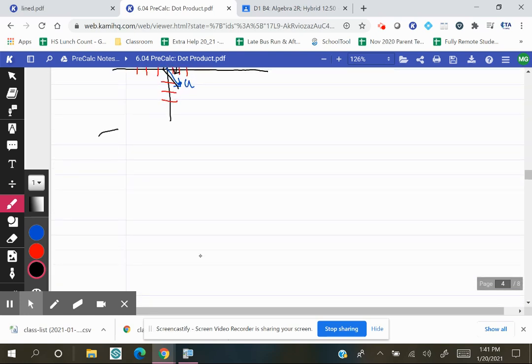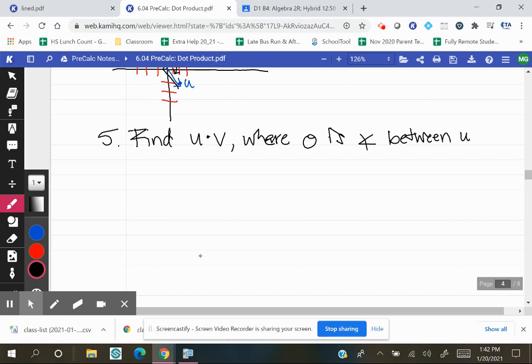All right, number 5. So a little bit different on this one. I want you to actually find the dot product, so u dot v, given, where theta is the angle between u and v.